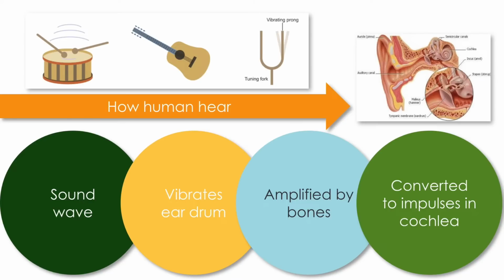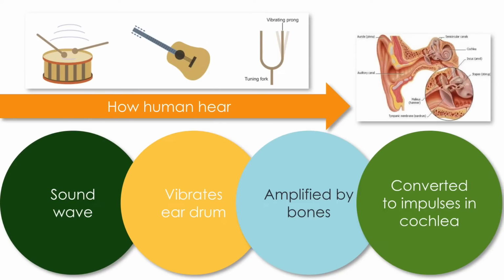Alright, and then the wave is converted into impulses in the cochlea. And then it is interpreted by our brain, dan kita tahulah benda tu adalah sesuatu bunyi.